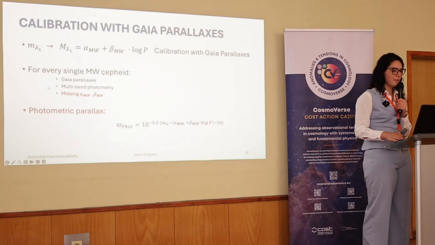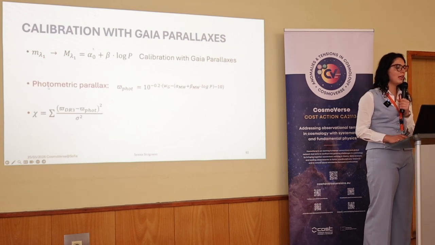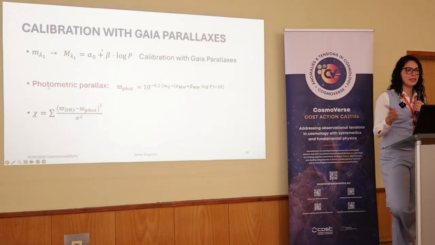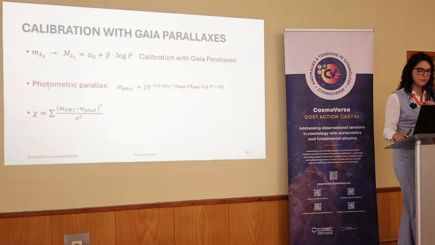So what we do is a chi-square minimization, and we can obtain the alpha and beta of the Milky Way. We will also see this evening in the exercise how we can do this numerically.